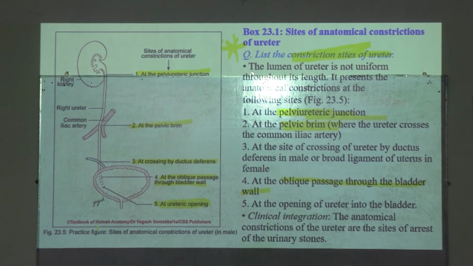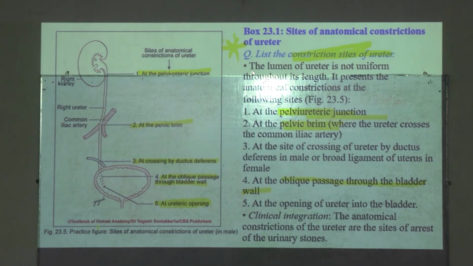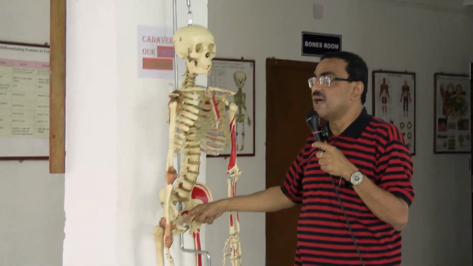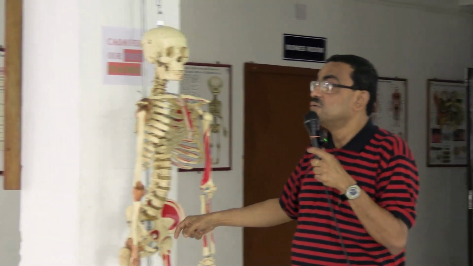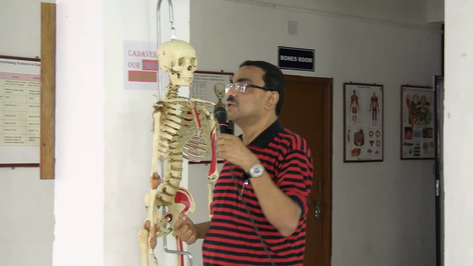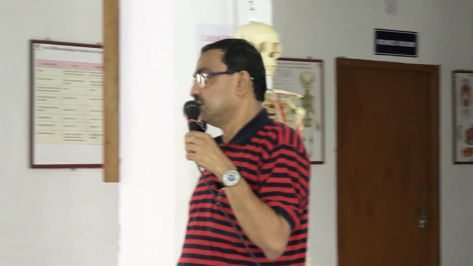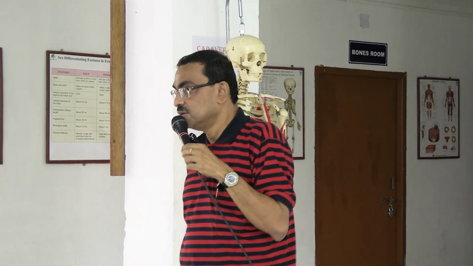So the ureteric stones we can find at the pelvic-ureteric junction, we can find at the crossing, that means at the pelvic brim, and another area where it enters into the urinary bladder. Okay.